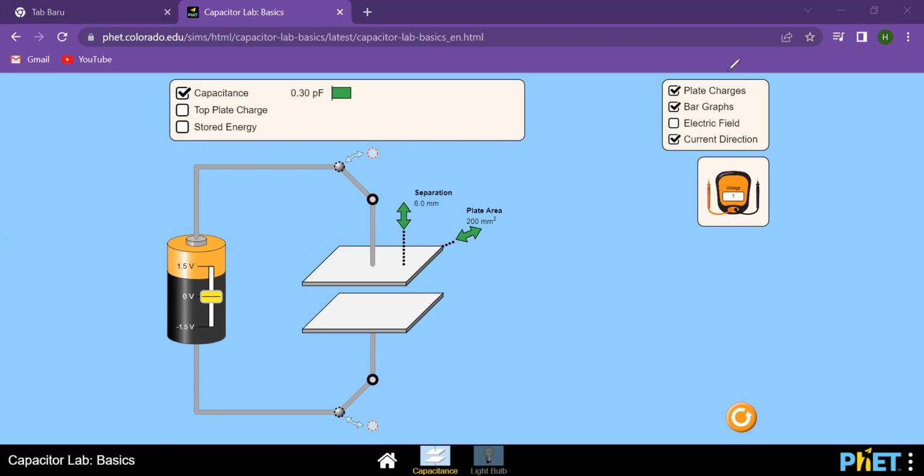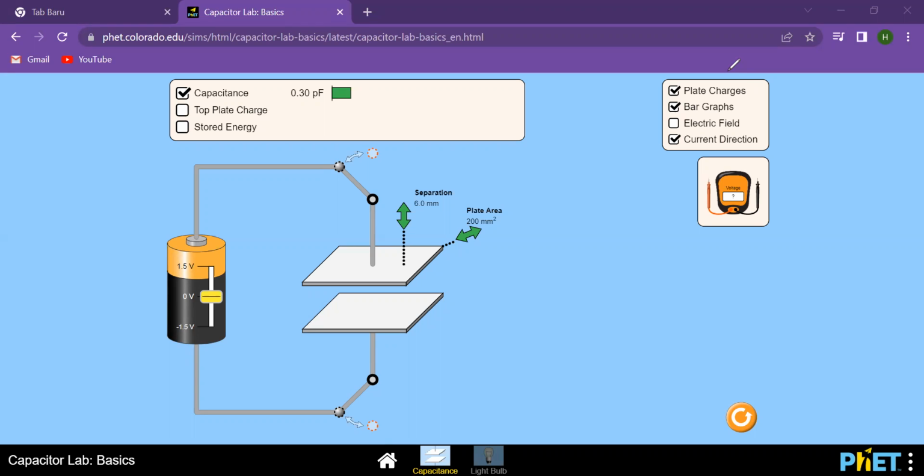Okay, but a capacitor just stores electricity charge for around 1 or 2 seconds. Yeah, just for a while.